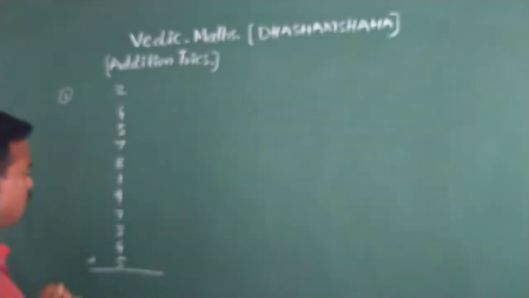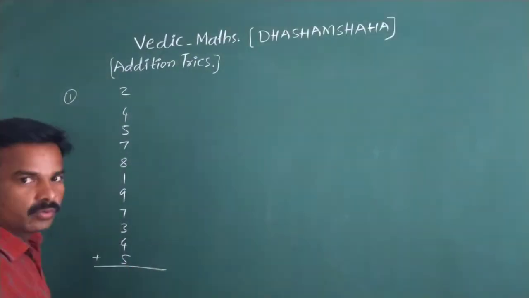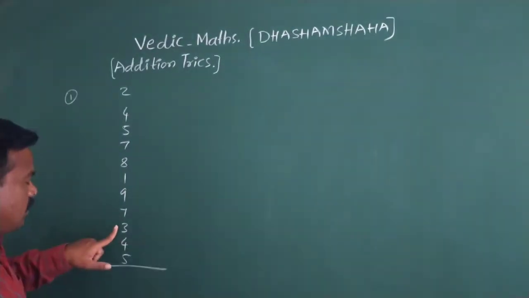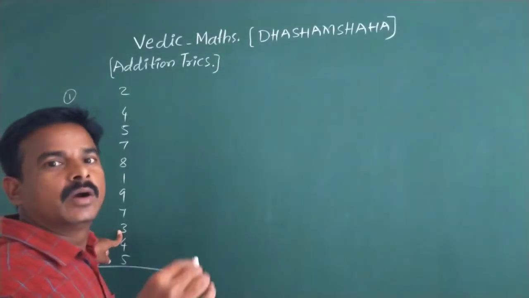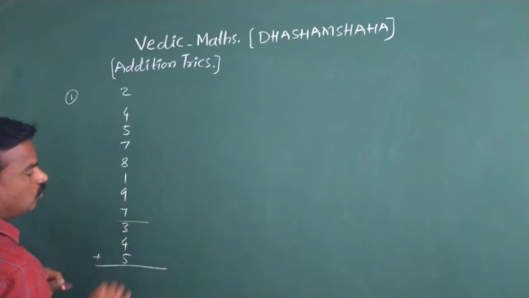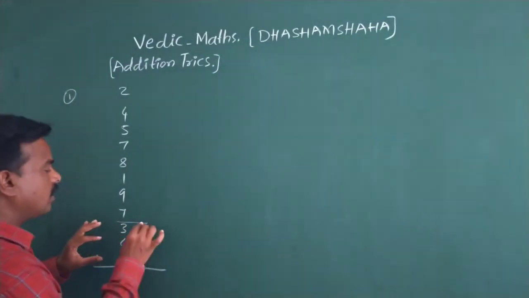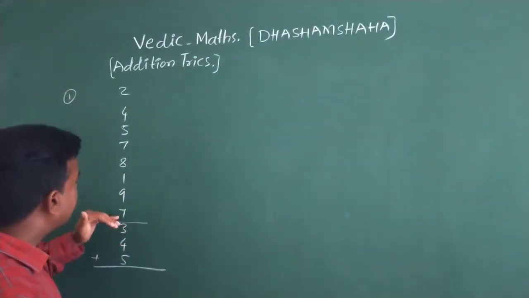By using that, you see we have to start from down. 5 plus 4, 9 plus 3, 12. 12 is more than 10, that's why here we have to drop a 10 from 12, and the remaining 2 we carry on.